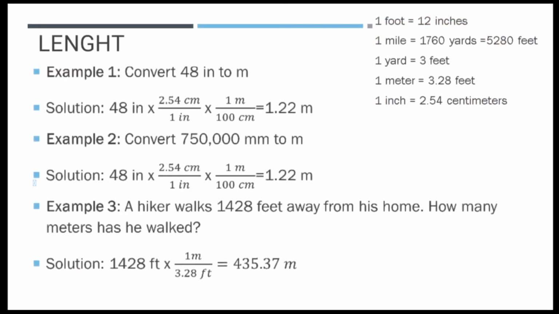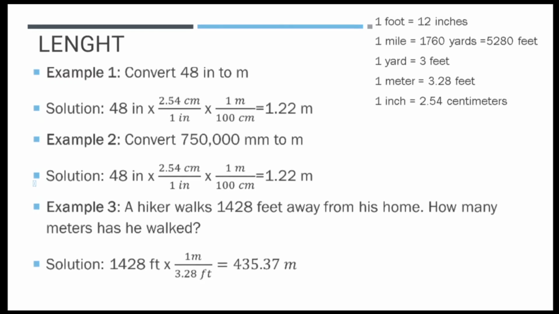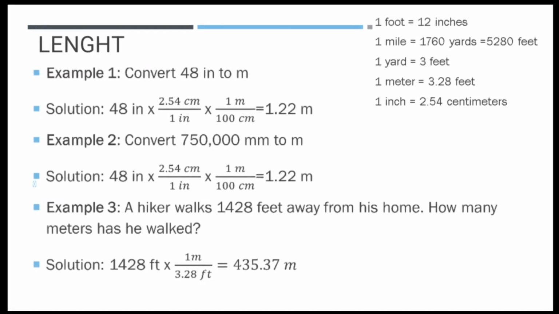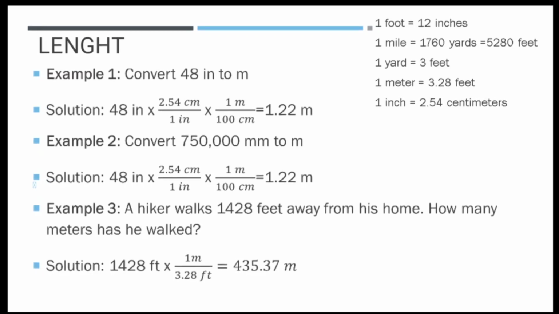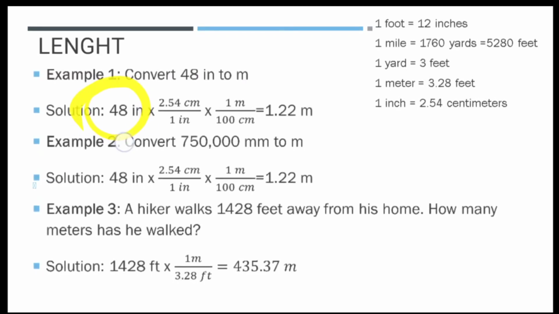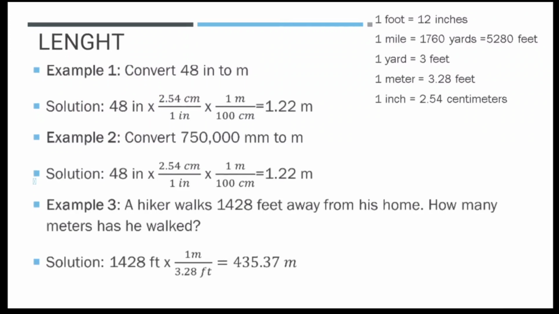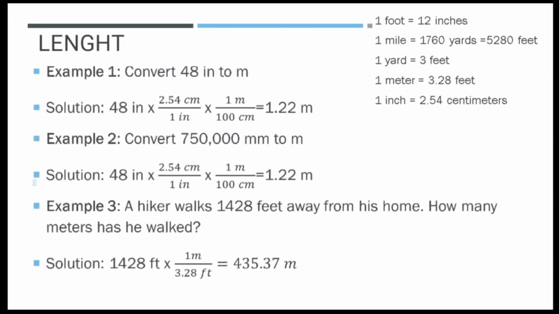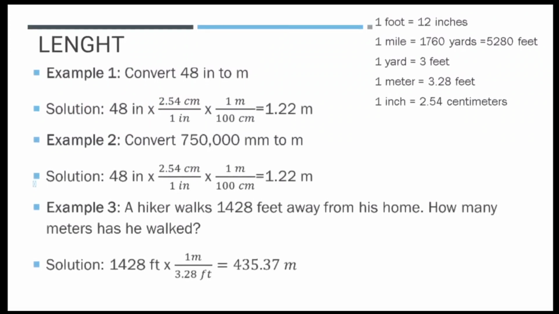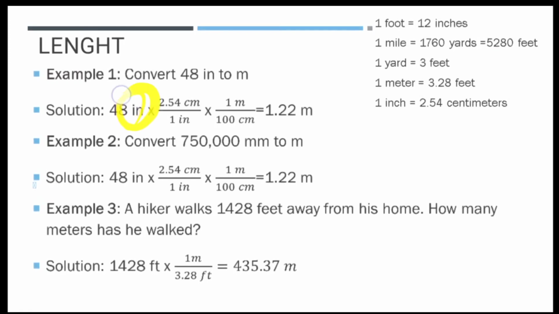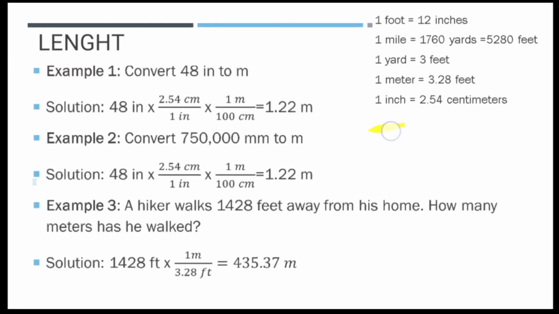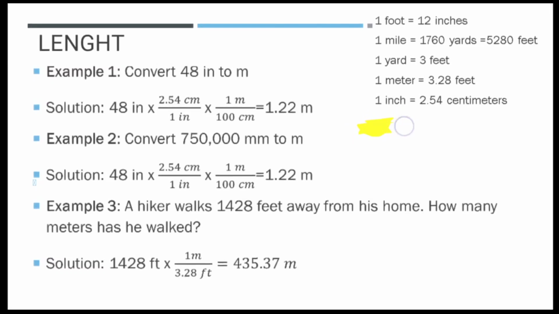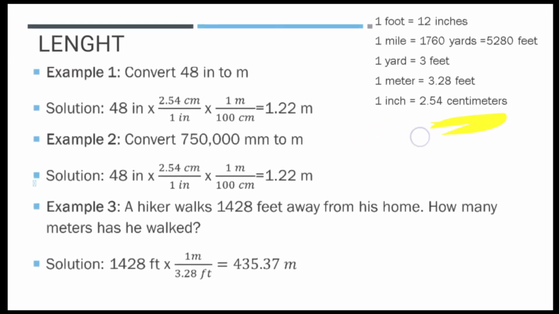Now, let us use that conversion factor to convert the following. Example number 1. Convert 48 inches to meters. First, you have to write the given, so 48 inches, then multiply that given by the conversion factor. Since the given is inches, we have to look at the conversion factor for inches. As you can see, 1 inch is equal to 2.54 centimeters.